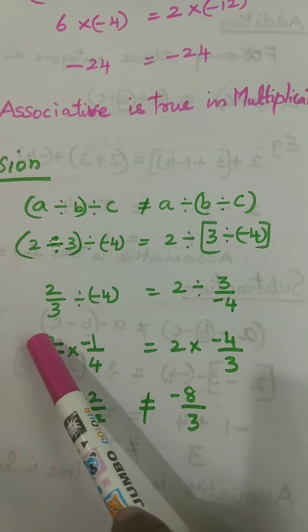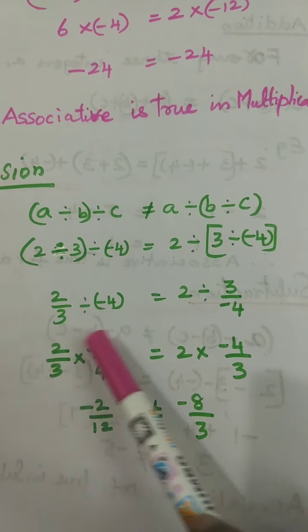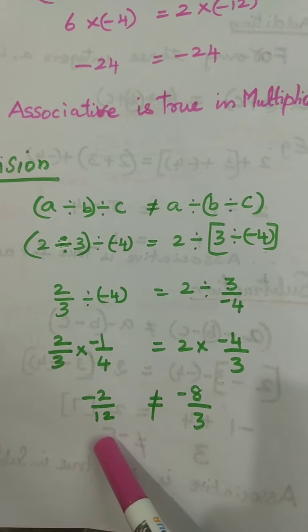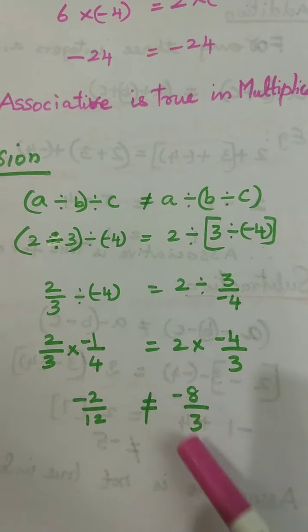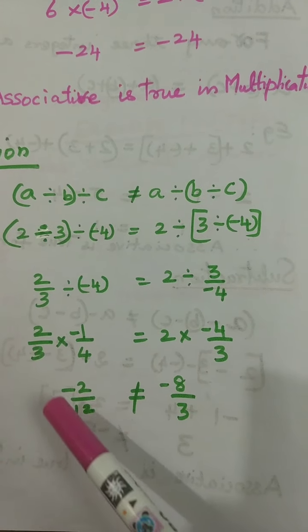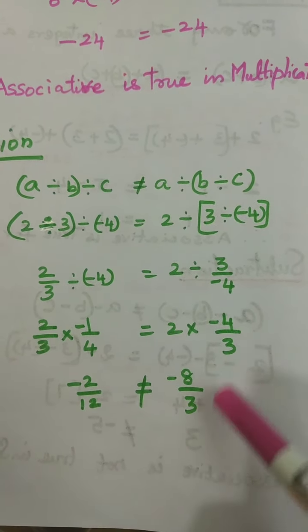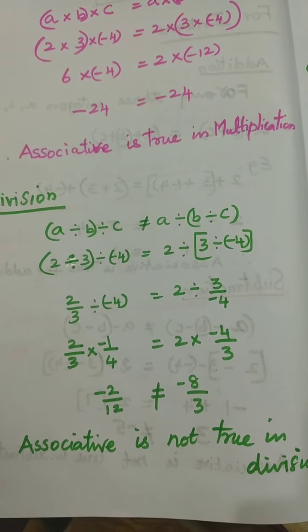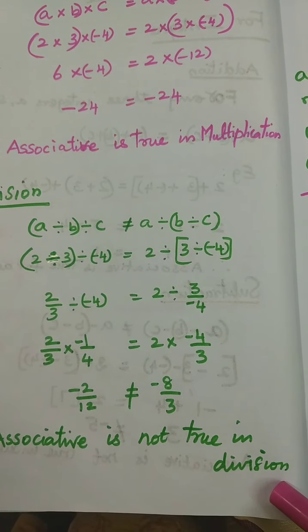Now you cancel 2 and otherwise you multiply simply. 2 times minus 1 is minus 2, then 3 times 4 is 12. Here 4 twos are minus 8, then the denominator is 3. Now see, -2/12 is not equal to -8/3. So associative is not true in division.